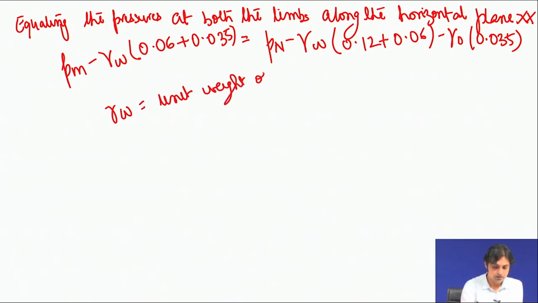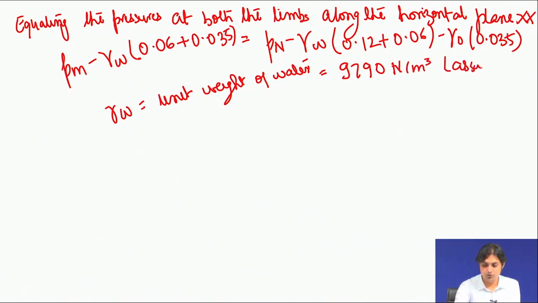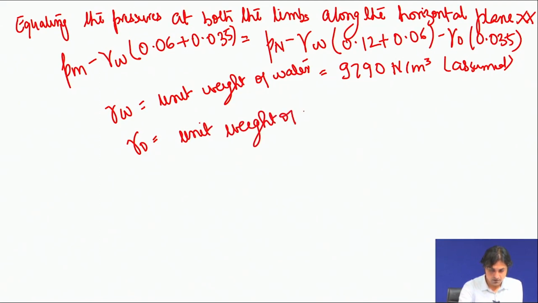So here gamma W is the unit weight of water, which is equal to 9790 Newton per meter cube, and this value has been assumed. This is a standard value. What is gamma naught? It is the unit weight of oil. What is it going to be? Any guesses?